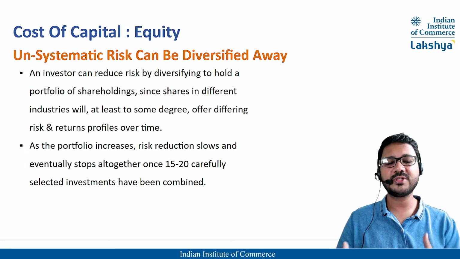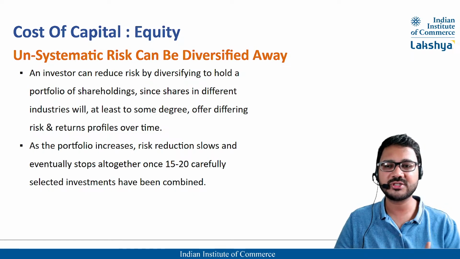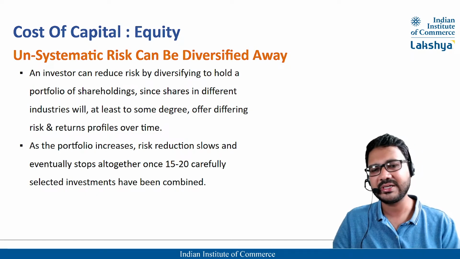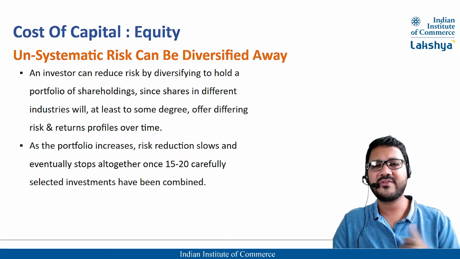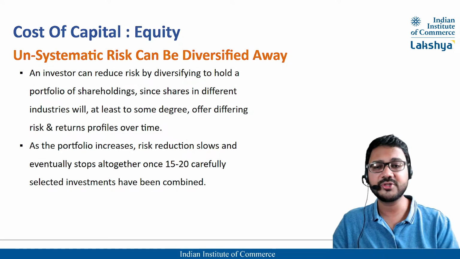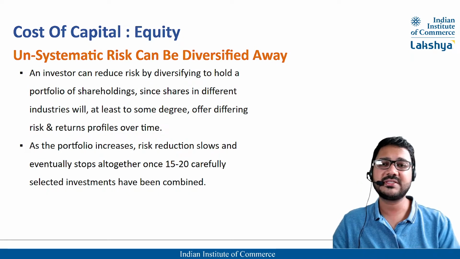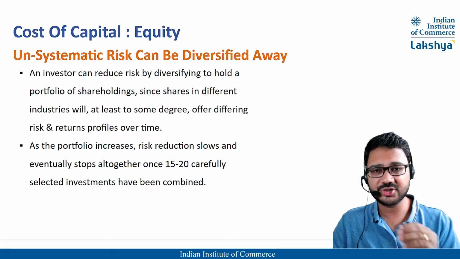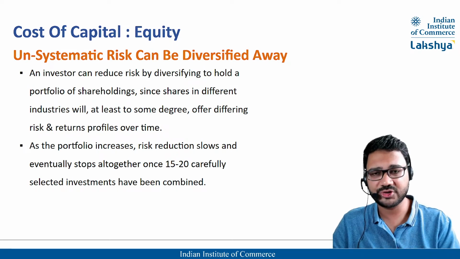Now, in order to do this diversification, how many stocks are recommended? Around 15 to 20. Say, for example, you have 20 different stocks in your portfolio with equal weightage, which means each individual stock has a 5% exposure.